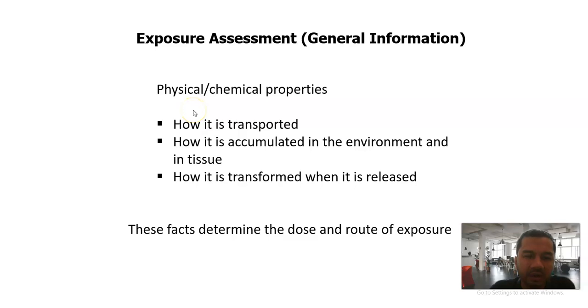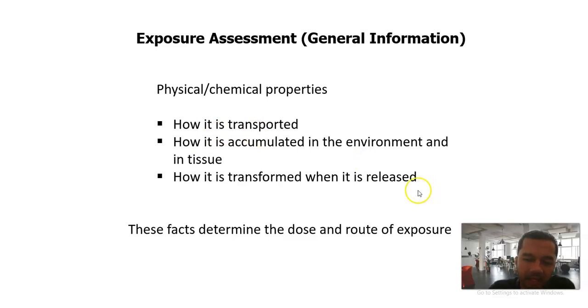So we want to know how it is transported and how it is accumulated in the environment and in the tissue, in the humans. And then how it is transformed when it is released.